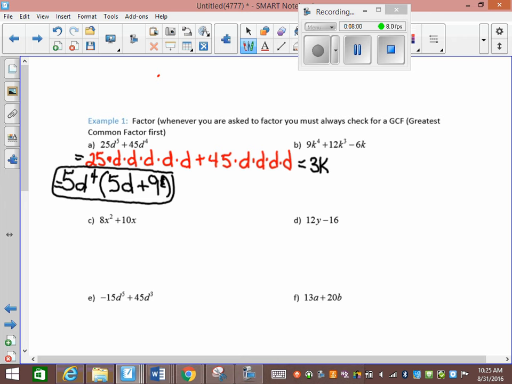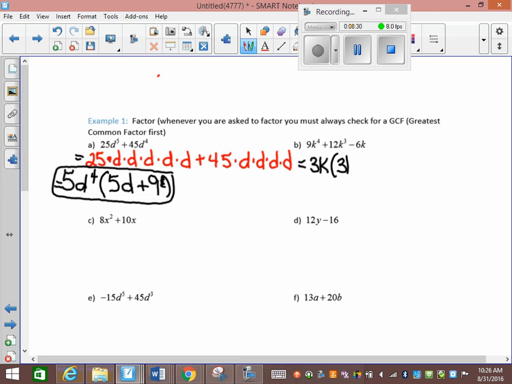What if this one was just minus 6 and there was no k? Can I take out k? If this one didn't have a k at all? You actually will take it out of all of them or none of them. So I would just take a 3 out of all 3 of these terms, that's it. So 9 divided by 3 is 3. k^4 divided by k, like having 4 k's, I take 1 away.